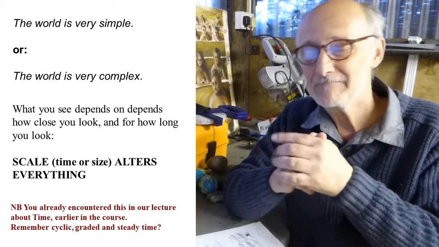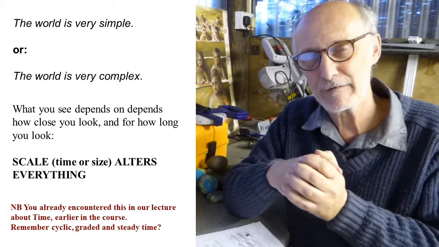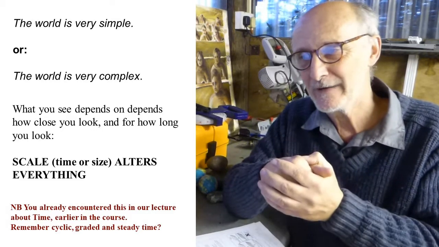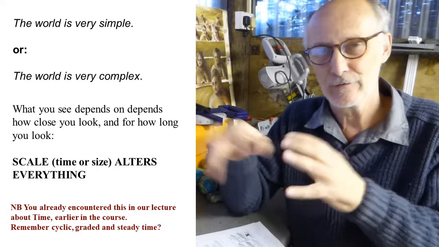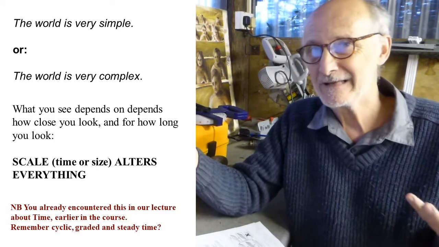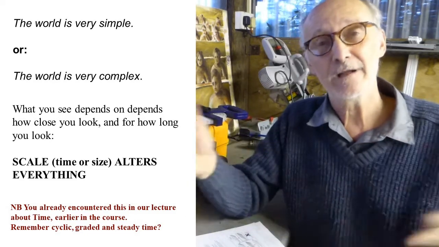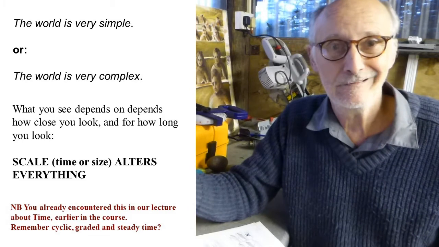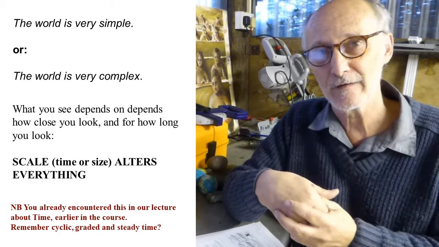Now this has really interesting implications for physical geography, because straight away you're beginning to see that maybe there isn't a single answer to any particular question. There are always going to be different alternative answers depending on the time scale over which you're looking at the question, or the spatial scale from which you're looking at the question.